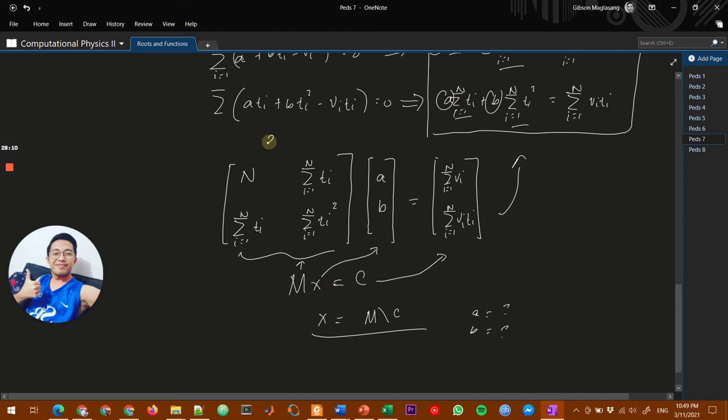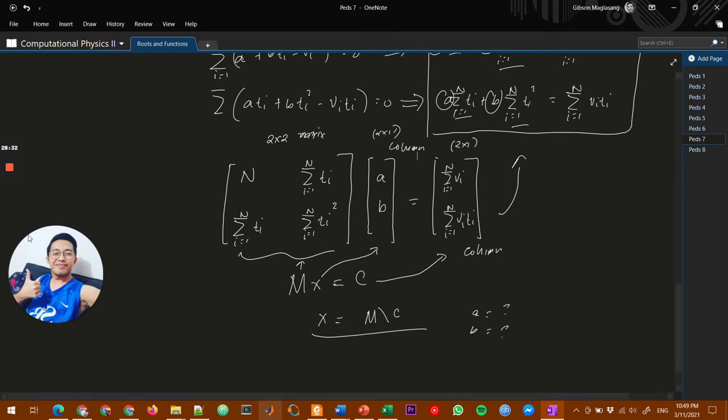This is a 2 by 2 matrix. This is a 2 by 1 matrix. This is a 2 by 1, or this is just a column, a column vector, column matrix. So we can do that in MATLAB. Let's open up MATLAB.